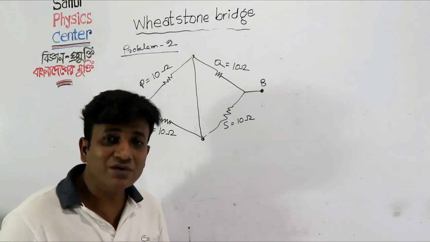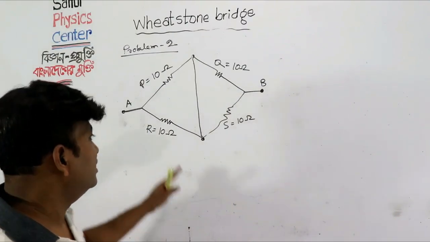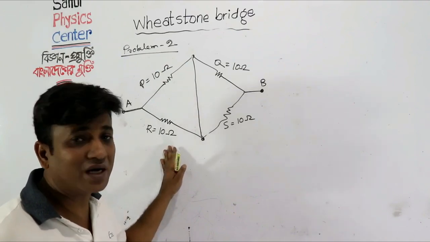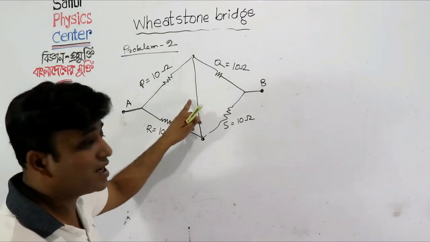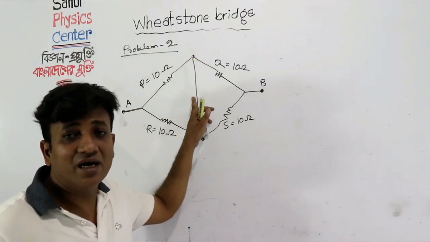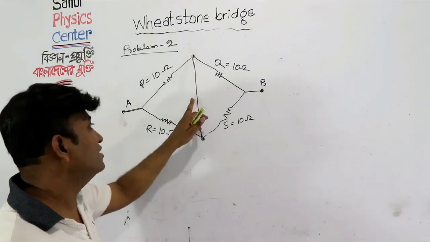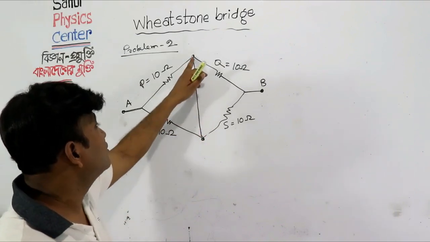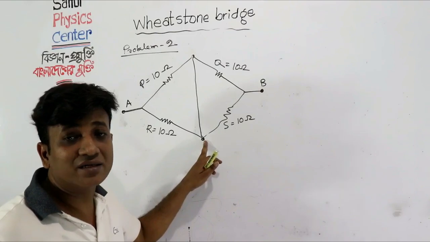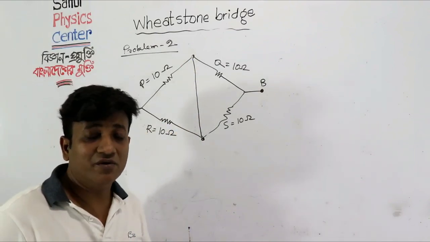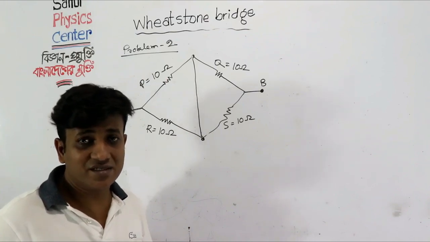And now the problem 2. It is a little bit different from problem 1. In problem 1, along this line there was a resistance, but here there is no resistance. It means these two points are connected by only a wire without resistance.